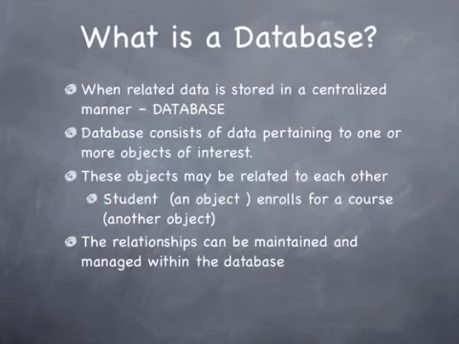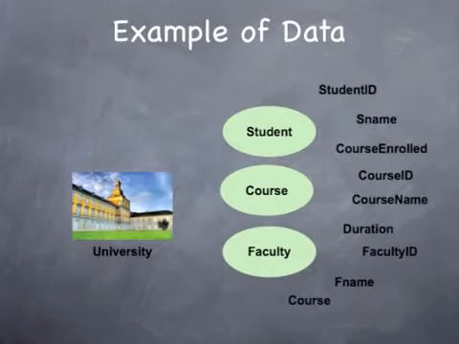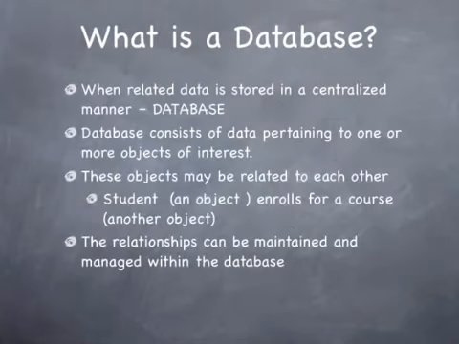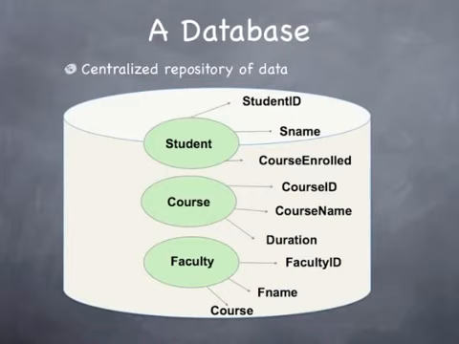Now that you have an understanding of what data is, let's look at what a database is. By definition, we can state that a database is a centralized repository of related data. Going back to the previous slide, the data that was relevant to the university was students, courses, and faculty. Now, I'm going to move ahead just a slide to show you what a database would be in relationship with a university.